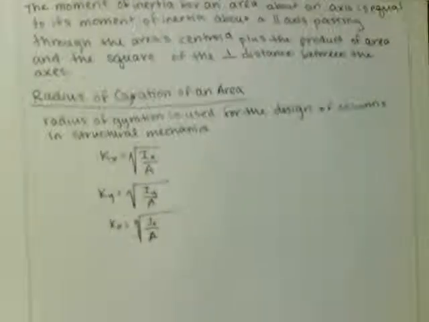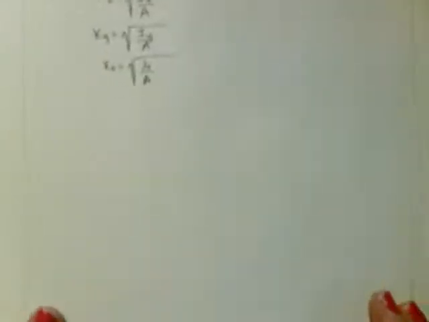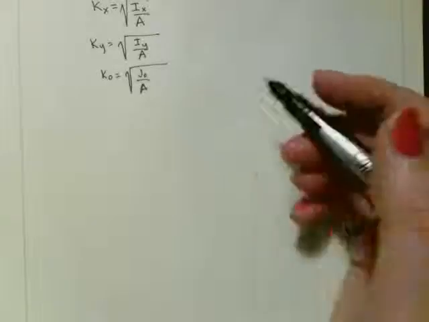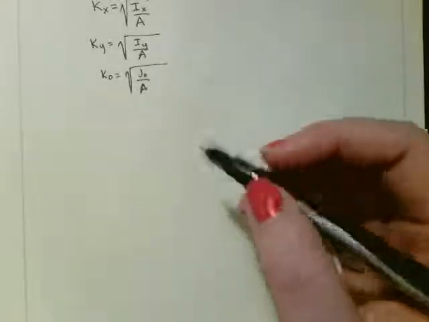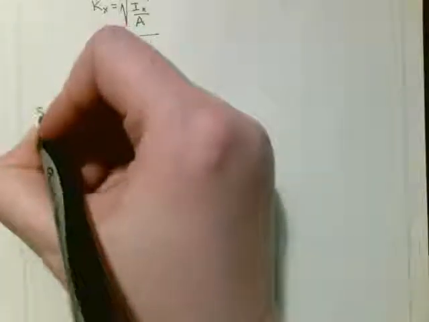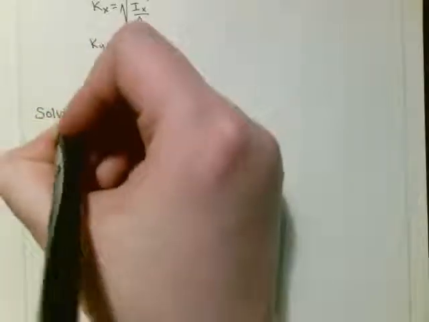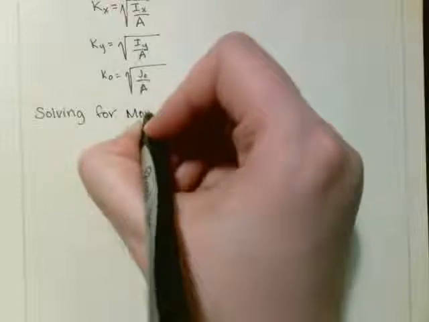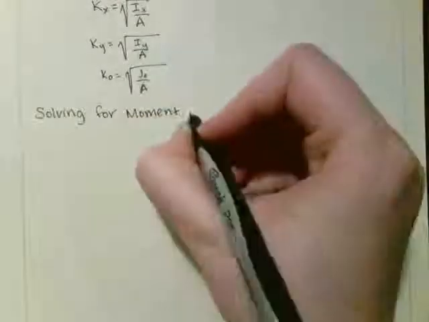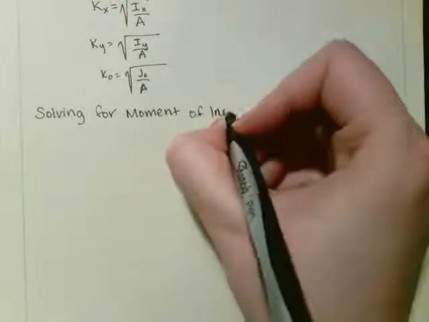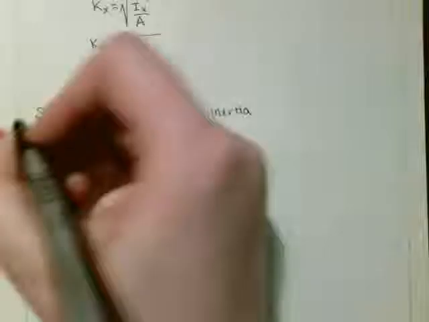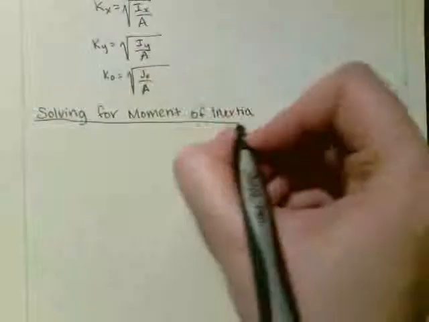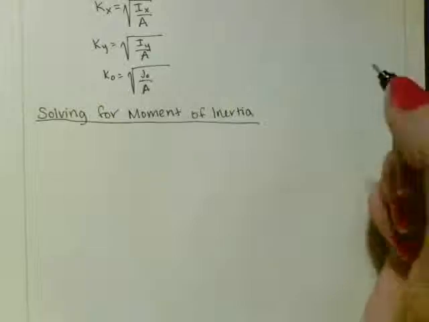Okay. So now let's look at how we would solve these problems. How would we solve for the moment of inertia? There's a table in the back of your book for some common shapes.